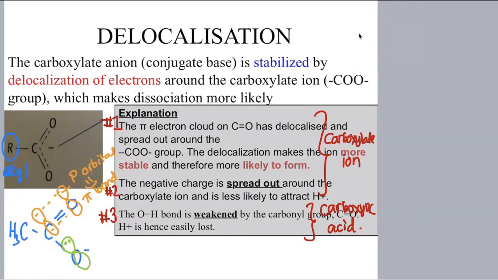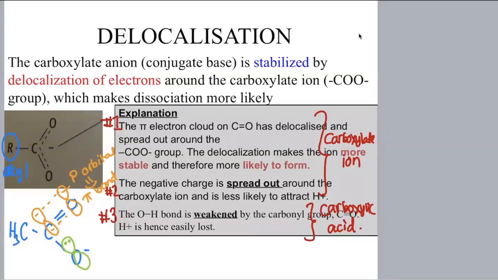Remember that there are two explanations that you can use. The first, you can talk about the stability of the anion. The second, you talk about how concentrated your charge is, because the more concentrated your charge is, the more it attracts your H plus, and the reverse reaction happens. The third is the strength of the OH bond.